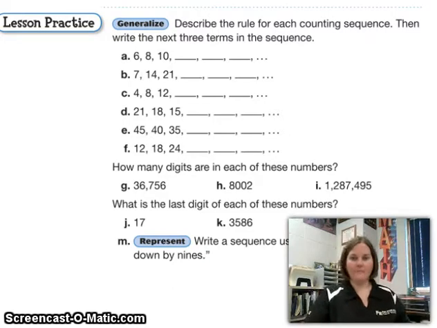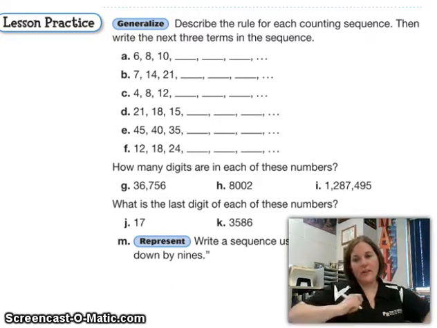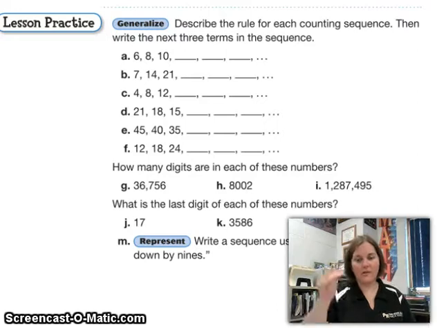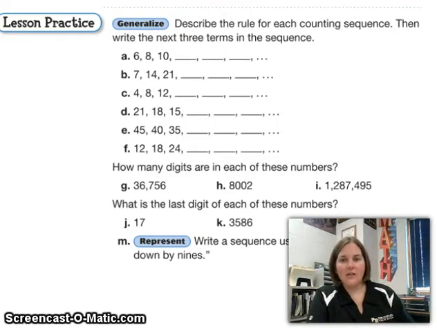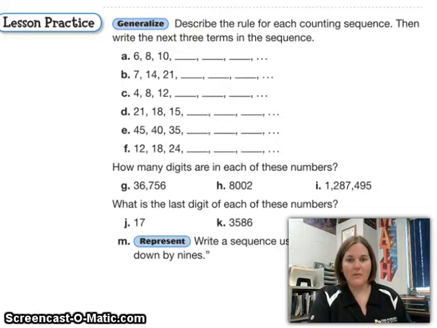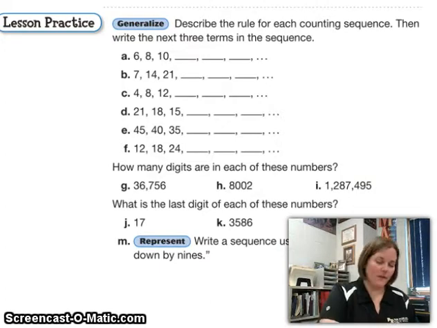All right, let's take a look at the directions for the first set of questions. The directions say to describe the rule for each counting sequence. Then write the next 3 terms in the sequence. So if you take a look at question A, they give us the terms 6, 8, and 10.